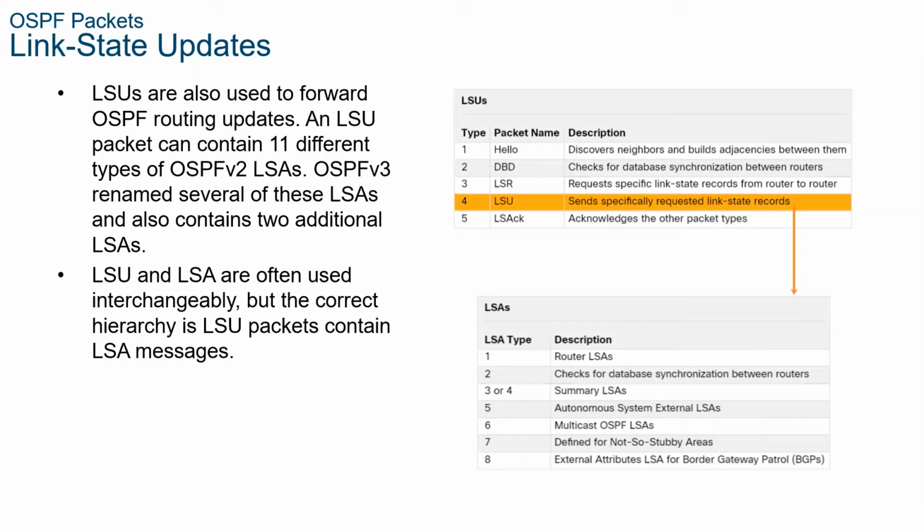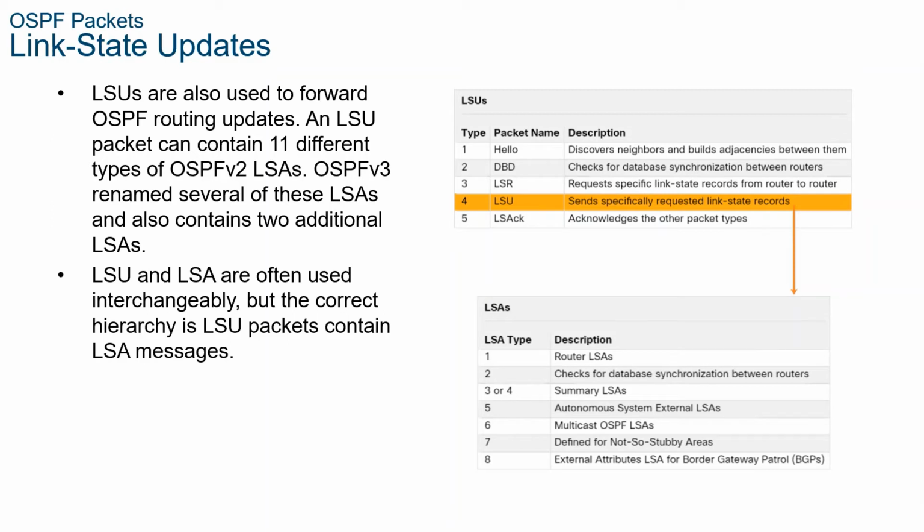A type 4 LSU packet is used to reply to an LSR packet. A type 5, or LSAck, packet is used to acknowledge the receipt of a type 4 LSU. LSUs are used to forward OSPF routing updates such as link changes.